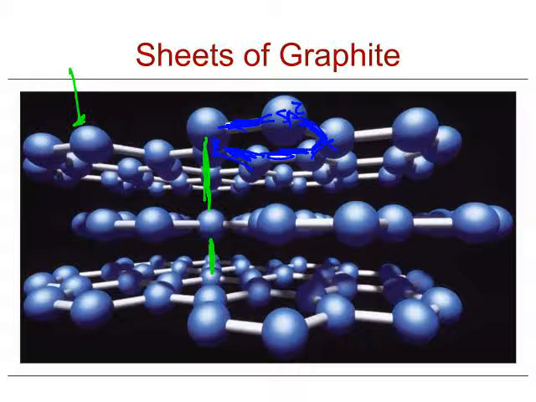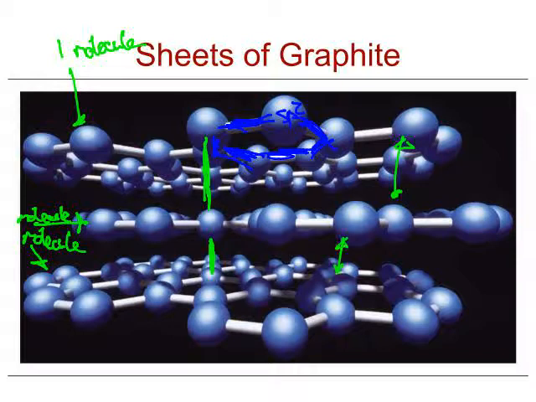You can think of this as being one molecule of graphite, really, and here's another gigantic molecule of graphite, and here's another gigantic molecule of graphite, okay? The force that attracts these sheets of graphite is really just going to be dispersion forces, okay? Because each of them is non-polar overall.